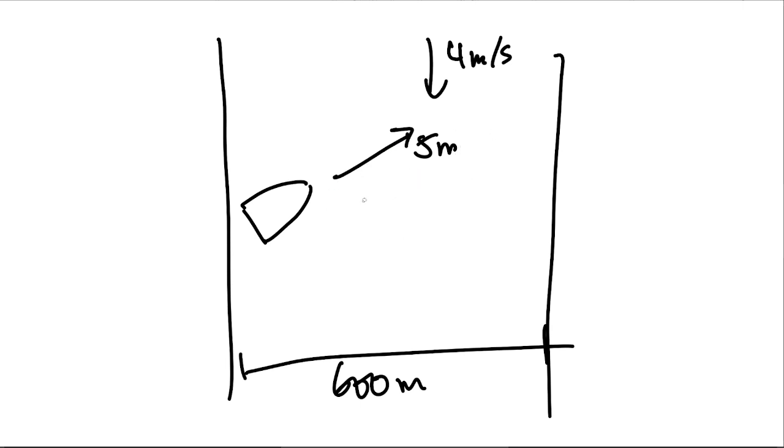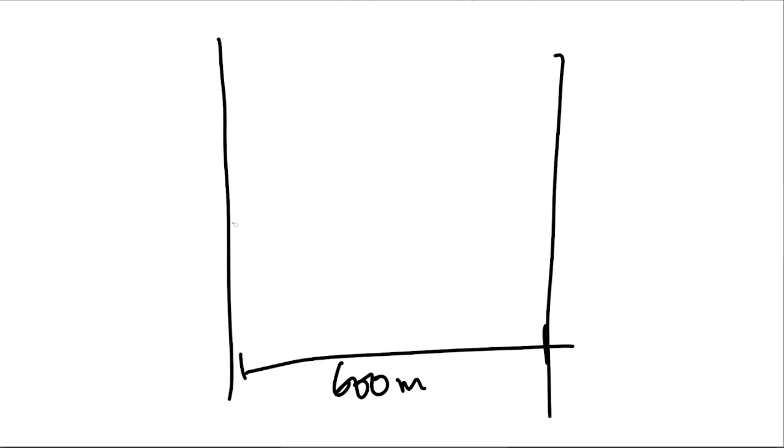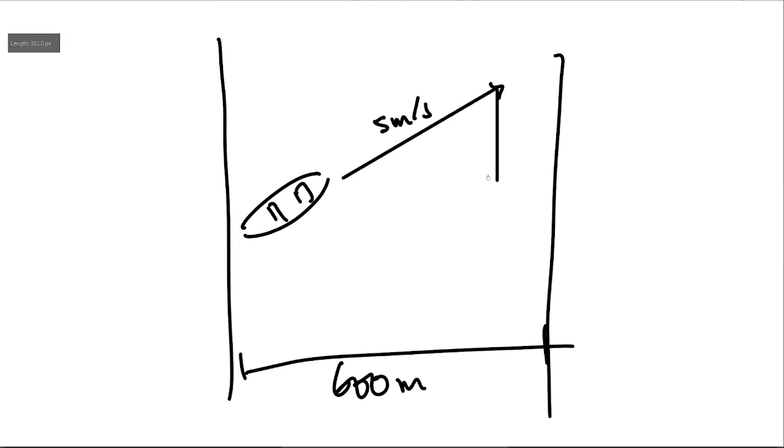So let's do some relative motion. Let's say this is our boat, right? We have one line, which is our boat speed, right? That's going to be 5 meters per second. And then we have our river speed, which is going to be 4 meters per second.